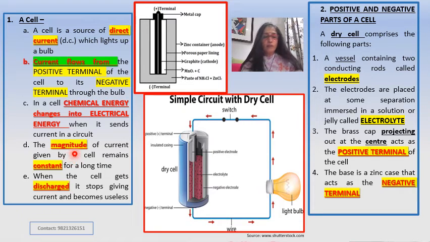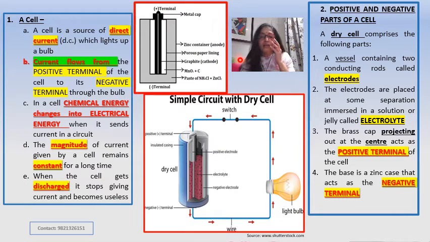This word magnitude comes a lot in physics. What does it mean? The strength. The magnitude, the strength value of current given by a cell remains constant for a long time. When the cell gets discharged, it stops giving current and becomes useless. So it's important to know these 5 points about a cell.